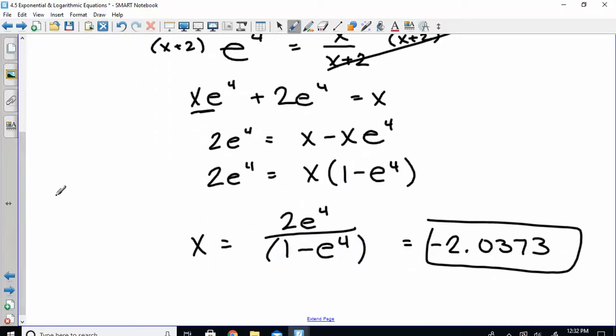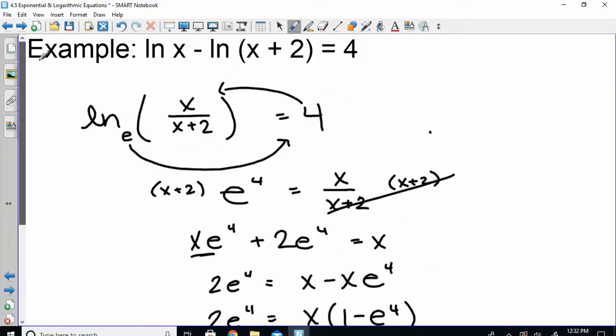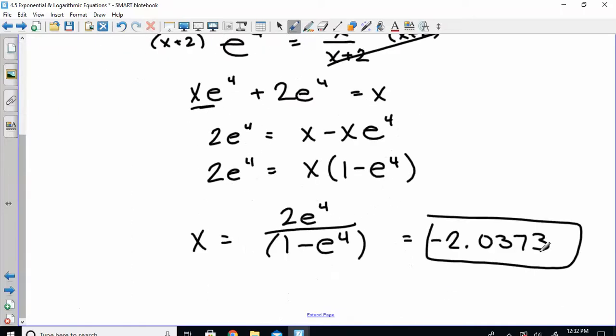Remember, the argument always has to be positive. Is it possible to plug in a negative 2 here? No. So what does that mean? No solution. At the end, when you have a log, the argument, whatever you're doing the log of, has to be positive every time. So we always have to check and make sure that when we plug those back in, we have positive arguments.